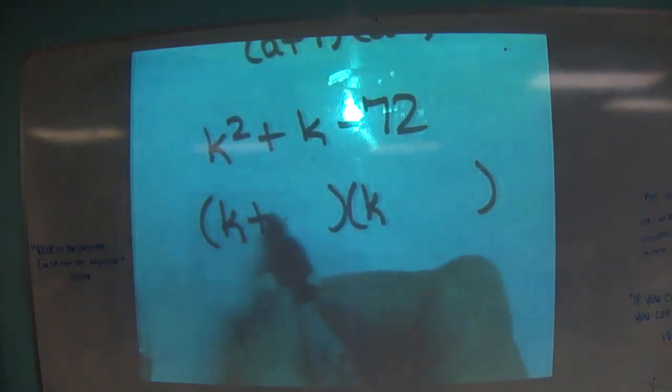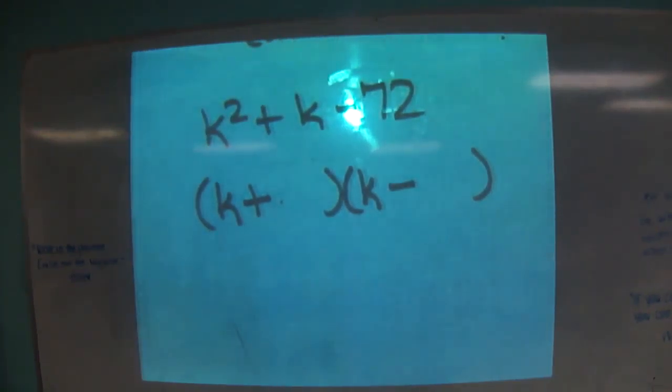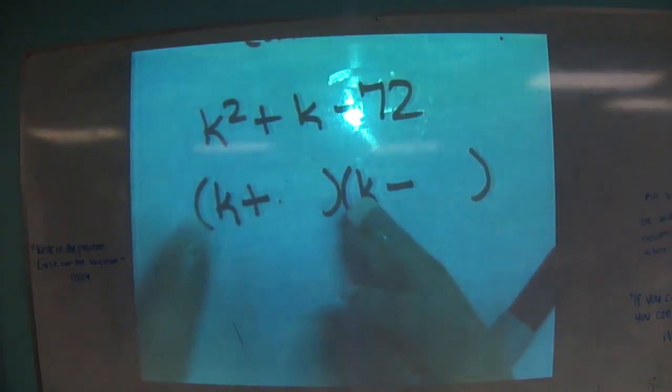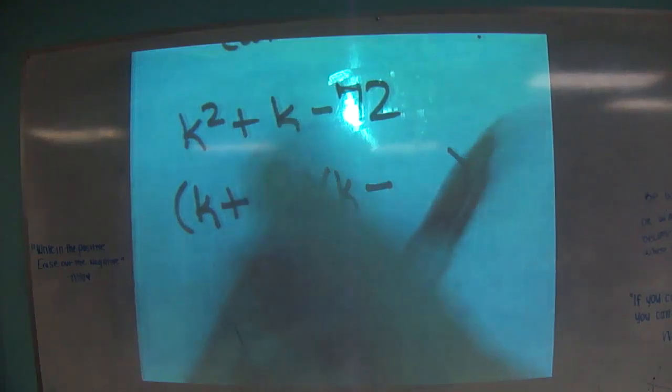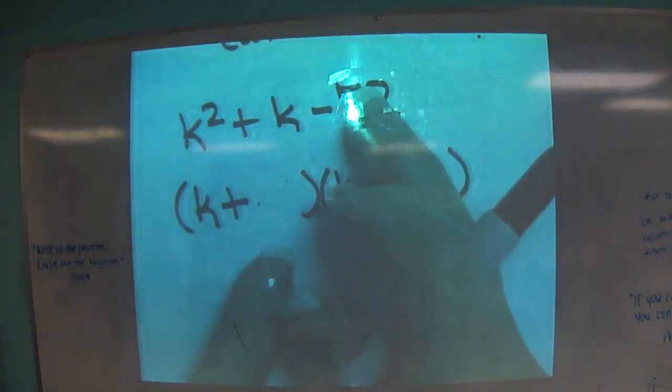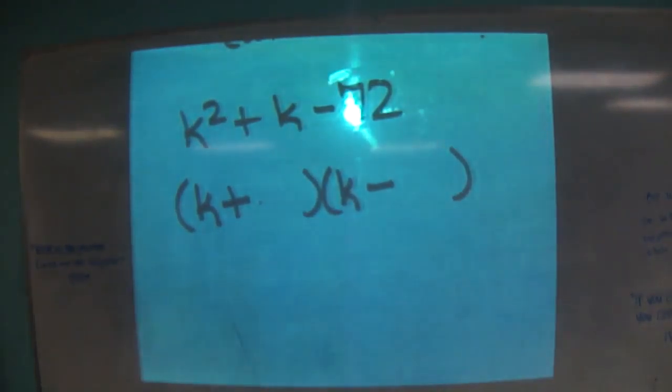So one of these is going to be positive and one of these is going to be negative, because using the distributive property, we know we're going to do multiplication. So this last factor is going to be done by multiplying these last two terms, right? Okay? So one has to be positive and one has to be negative.